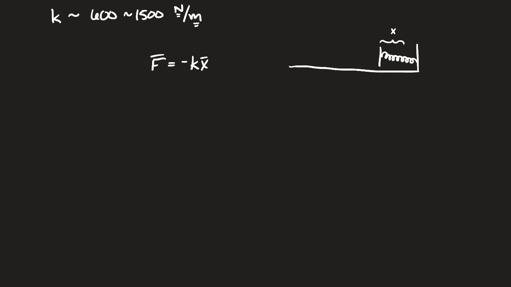So you get the idea that if I push inwards to move the spring this way, the spring is going to try and push back outwards to restore itself. That's why there's a negative sign here.